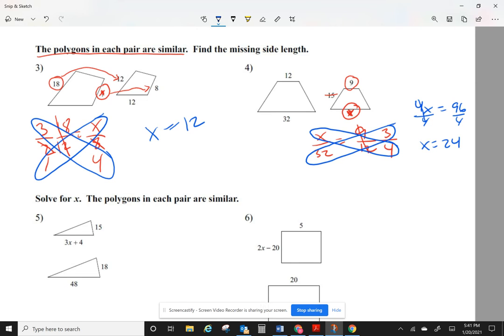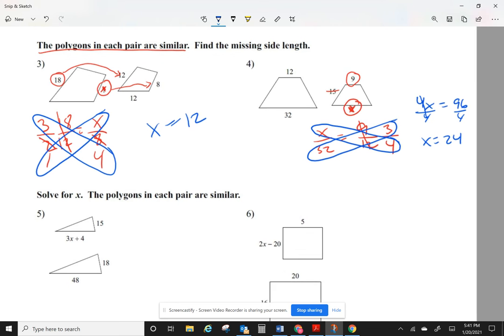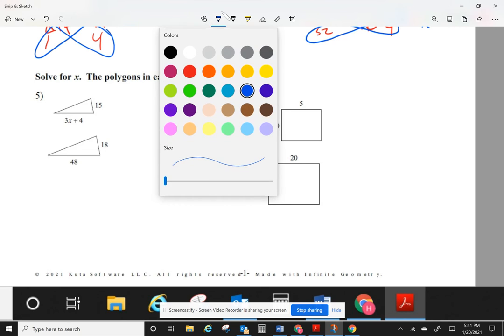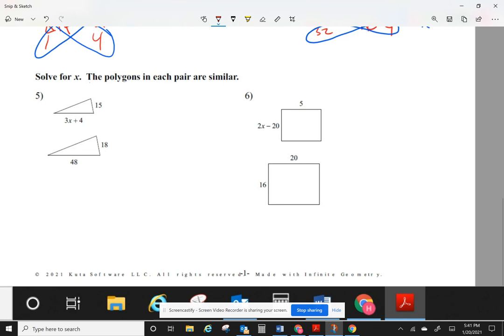I could have simplified even more. Before I cross multiplied, I could have simplified my numbers at the bottom, 4 and 32. But remember I said you can cross multiply whenever you want. You can simplify as much as you want. All right, let's take a look at these last two figures. We're going to be solving for x. I see from the notation here that the polygons in each pair are similar.